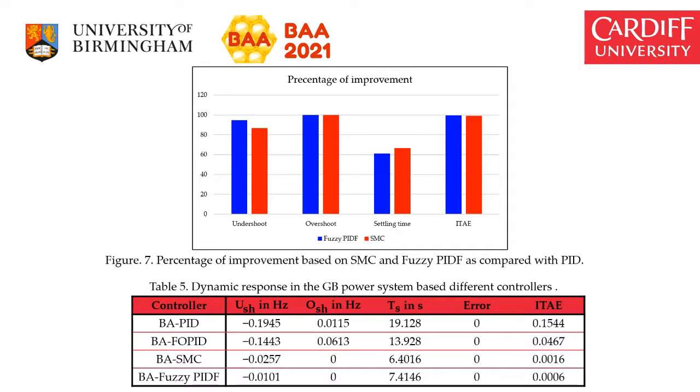The dynamic response represented by the peak undershoot in Hz, peak overshoot in Hz, and the settling time based on the proposed controllers are given in table 5. The percentage of improvement achieved by the fuzzy PID and the sliding mode control as compared with the traditional PID response is shown in figure 7.